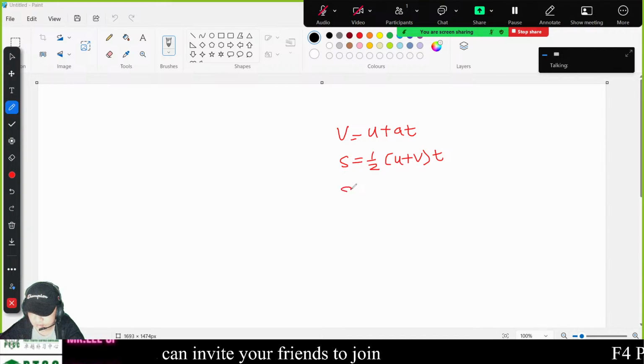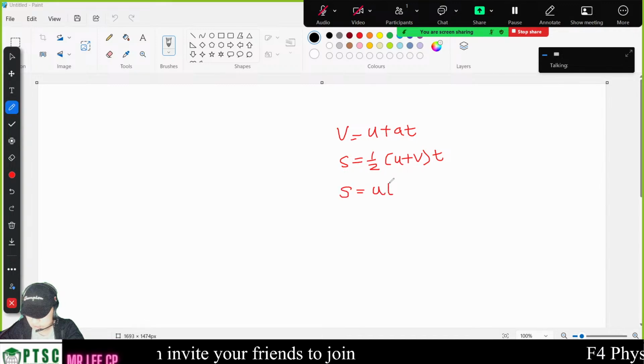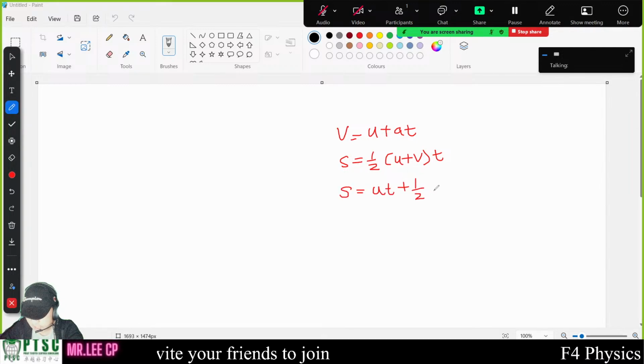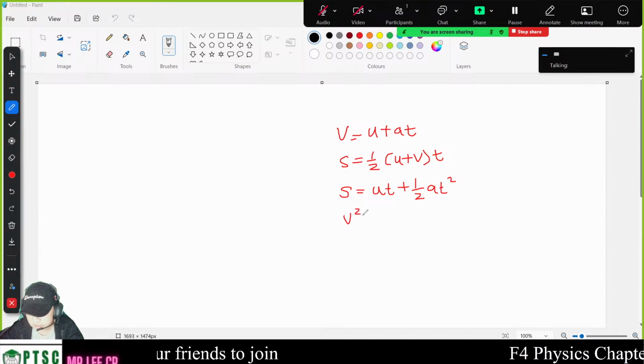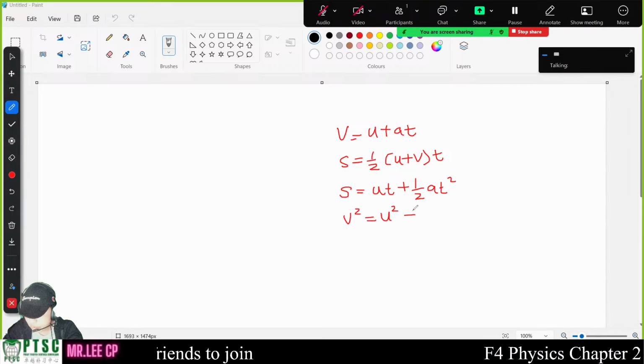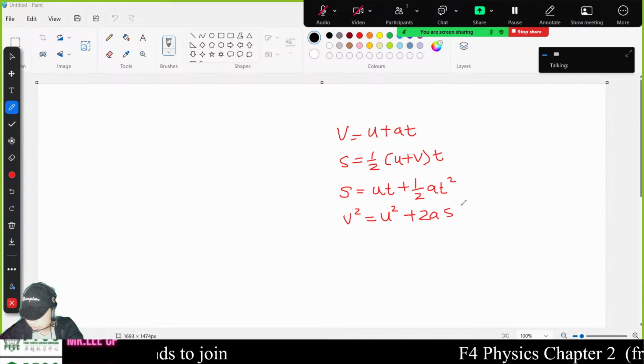Now, the third formula is S is equal to UT plus half AT squared. And the last formula is V squared is equal to U squared plus 2AS.